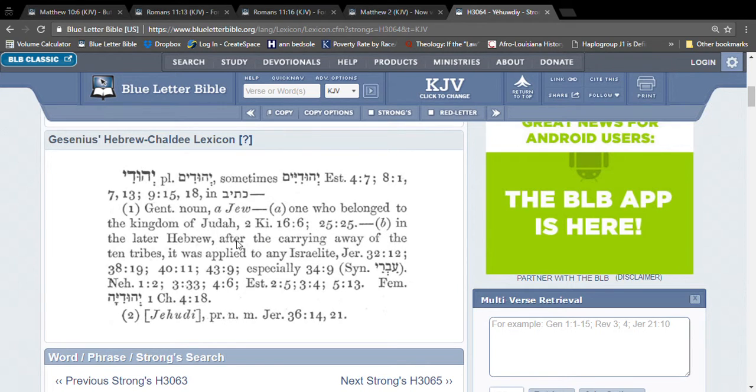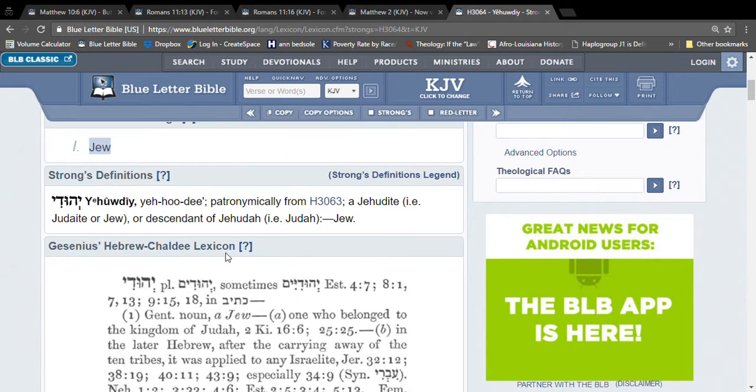In the later Hebrew, after the carrying away of the 10 tribes, it was applied to any Israelite. And so all Israelites took on the name of a Yehudi once they were scattered abroad. They became Yehudi, right? And so the Old Testament refers to all of Israel as Yehudi. And this is the word that has been translated to Jew.